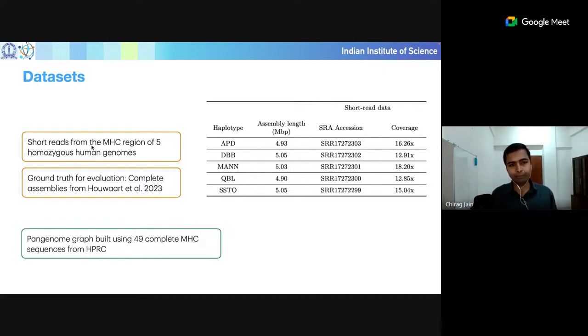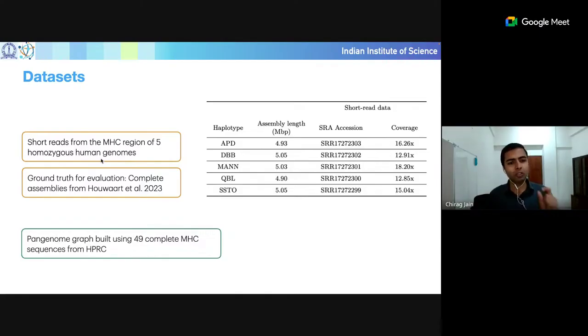It is about 5 million base pairs in length. And we used publicly available short reads from this MHC region of 5 homozygous human genomes. We are using homozygous genomes because, as I said, we are still assuming that we are working with a haploid genome, where we are looking for a single haplotype path in the pangenome graph.